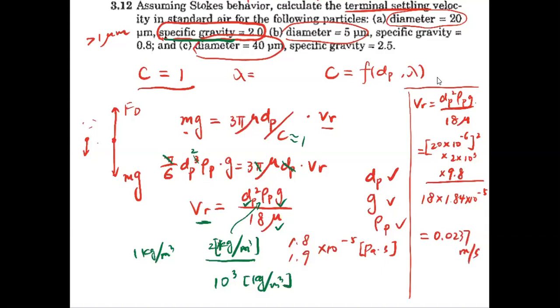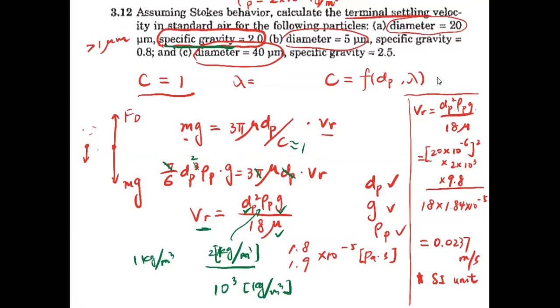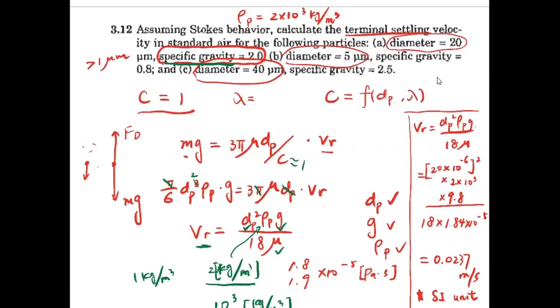One thing you need to bear in mind is that everything has to be in the standard units. Otherwise, you won't be able to get the correct answer. All the equations are built upon the same set of units. So this is about the gravitational settling.